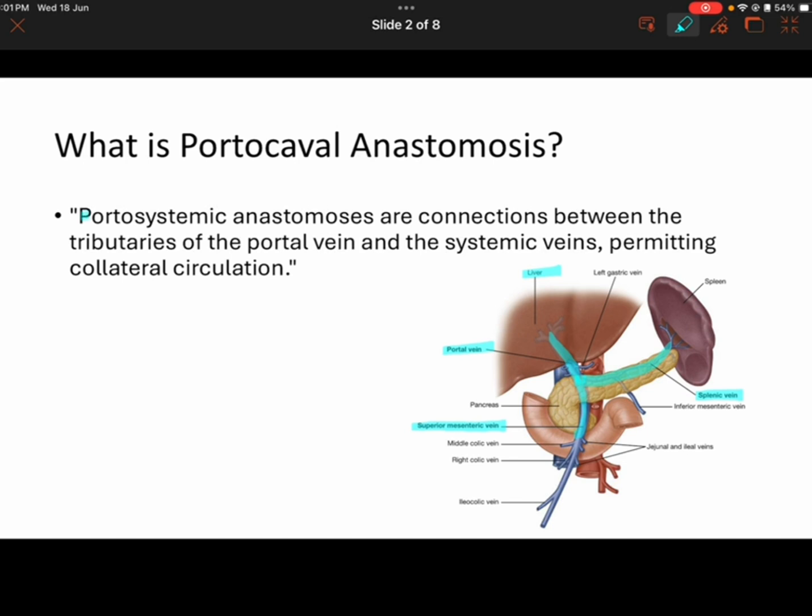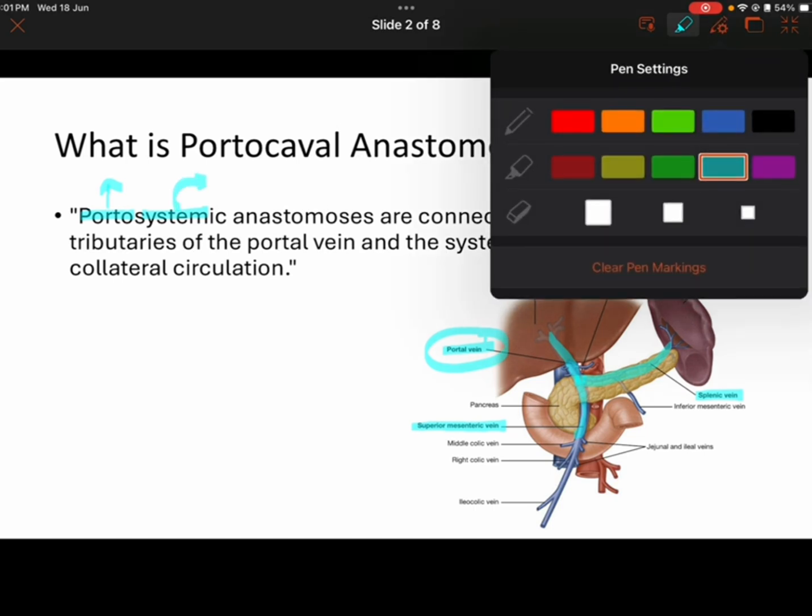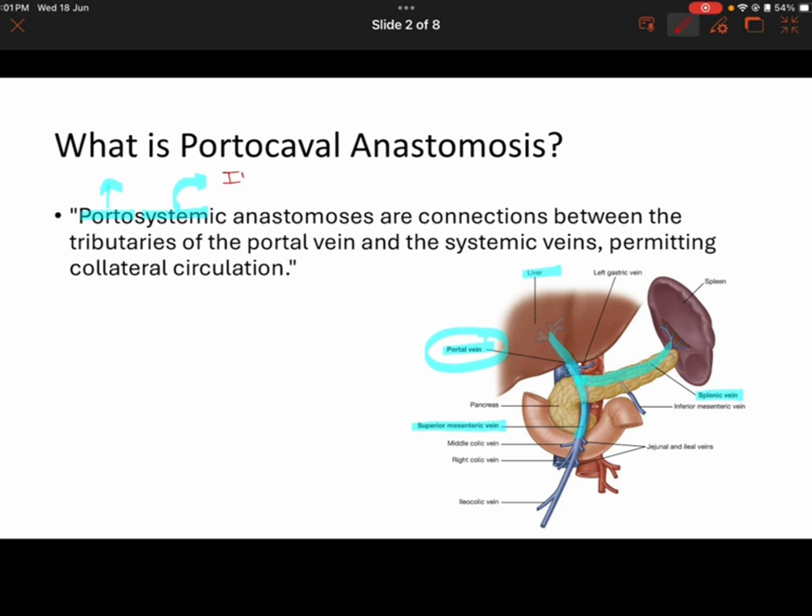So porto and systemic, so the portal part comes from the portal vein. We have seen how the portal vein forms, and the systemic part comes from inferior vena cava, so also called portocaval anastomosis.